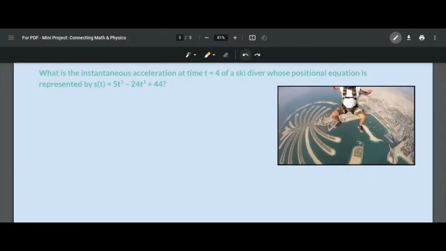So the first thing, we will rewrite the equation s of t equals 5t cubed minus 24t squared plus 44. And we need to know that we need to find the velocity, and the velocity equals the derivative of s of t.